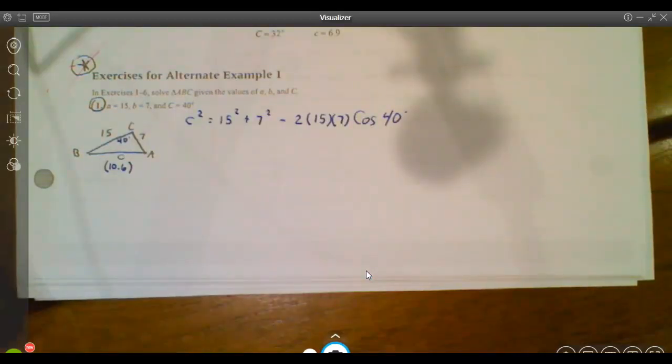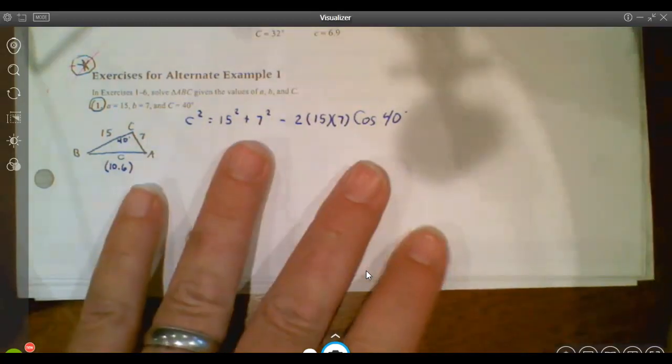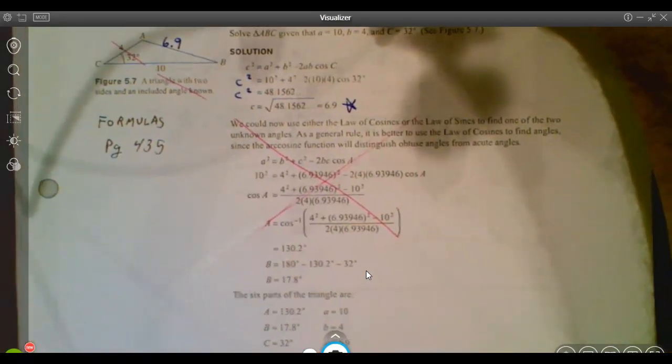Something I just thought of as you look back at the last one. I mentioned up here that it was safer to use the law of cosines rather than the law of sines. Something I mentioned in our last video was to remember some basic rules of triangles. The smallest side is across from the smallest angle, the largest side is across from the largest angle.